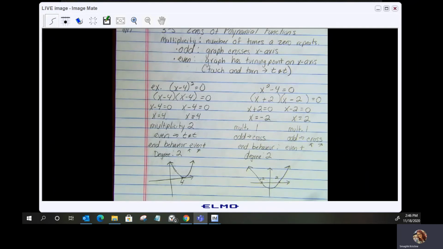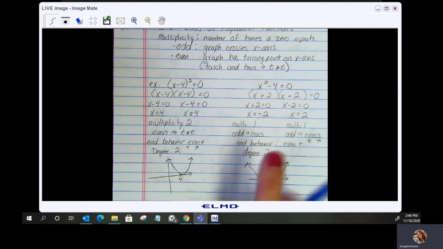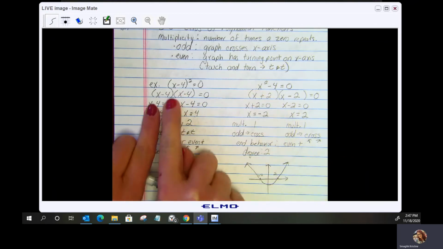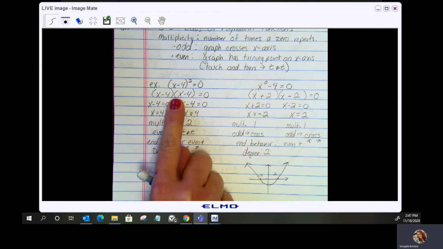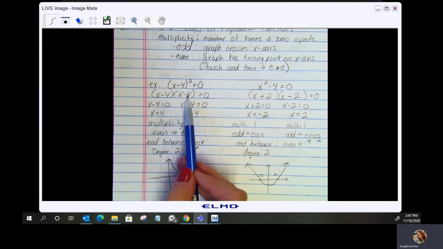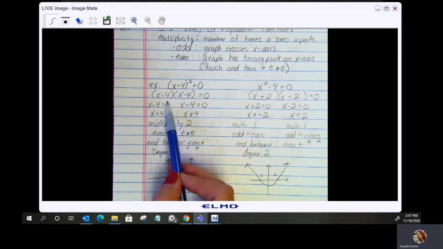So here's two examples. These functions look very similar, but let's break them down. To get at those zeros, the solutions, the x-intercepts, the roots, we would need to factor. So here I've just actually expanded this one.